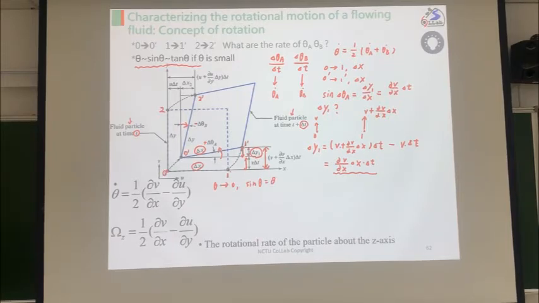This is the relation we know from mathematics class: if theta is quite small, sine theta is equal to theta. So finally we can summarize that delta theta A is equal to dv/dx delta t.